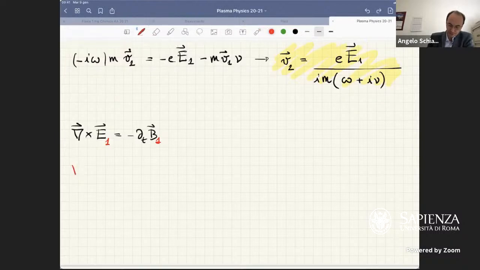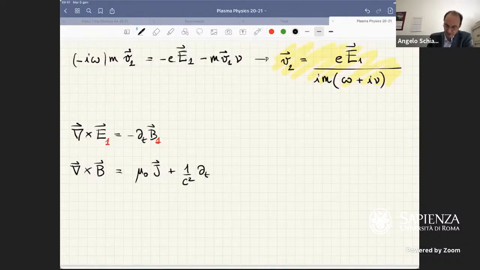Now then we have, in black color, Maxwell-Ampere's law: curl of B is equal to mu naught J plus mu naught times epsilon naught, which is 1 over c squared, times the time derivative of the electric field.